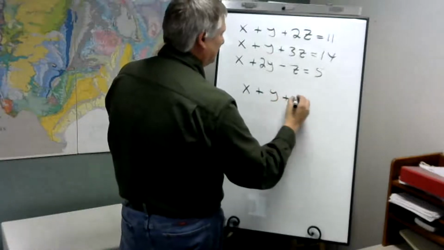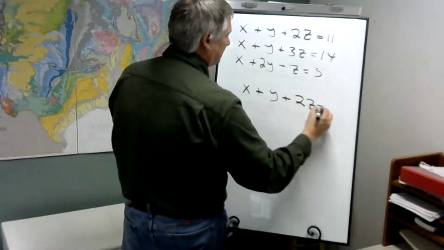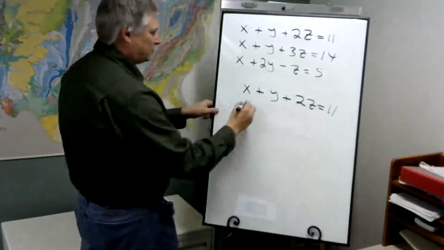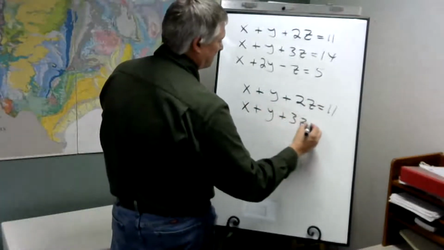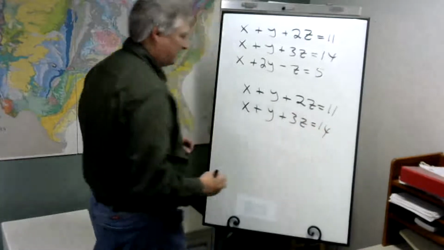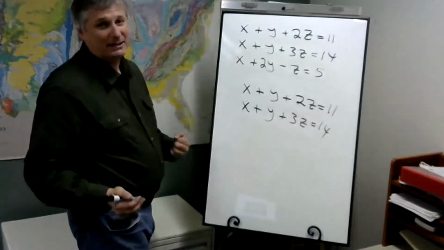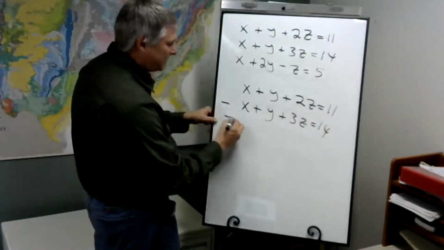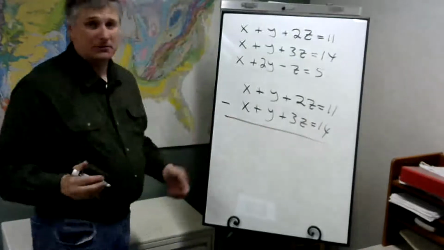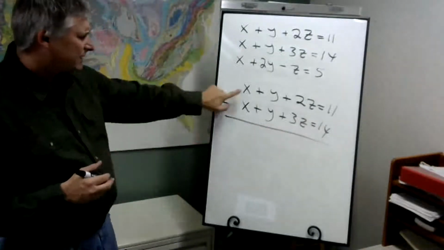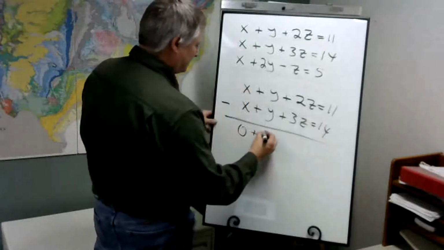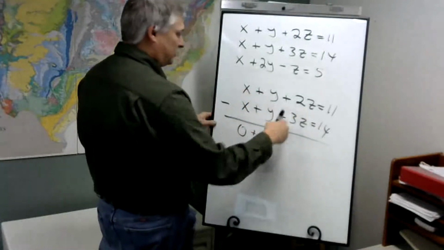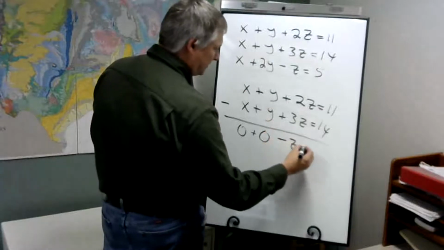This one's going to be a little easier to work with because we can actually cancel two variables in this one. We can do this by subtracting the equations. You can add equations. You can also subtract them. x minus x is 0. y minus y is 0. 2 minus 3 is negative z.